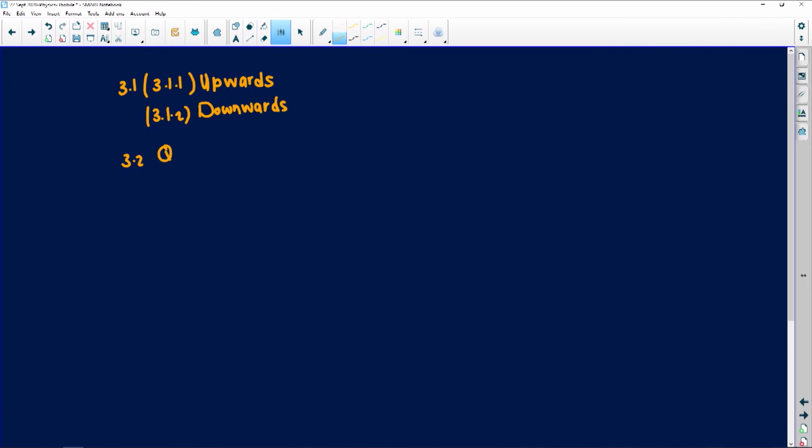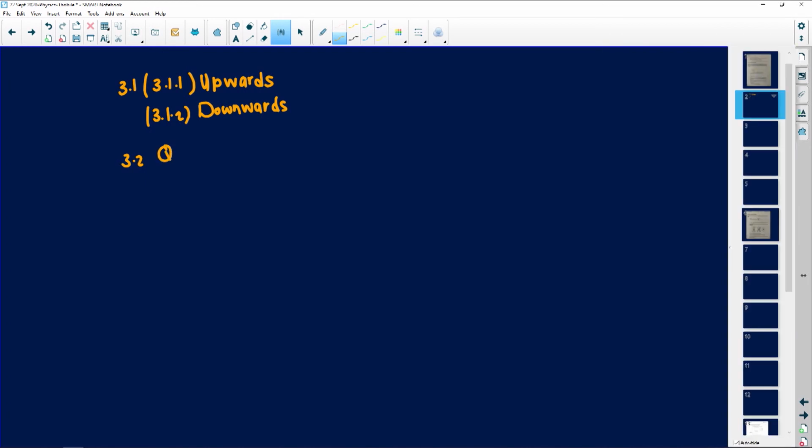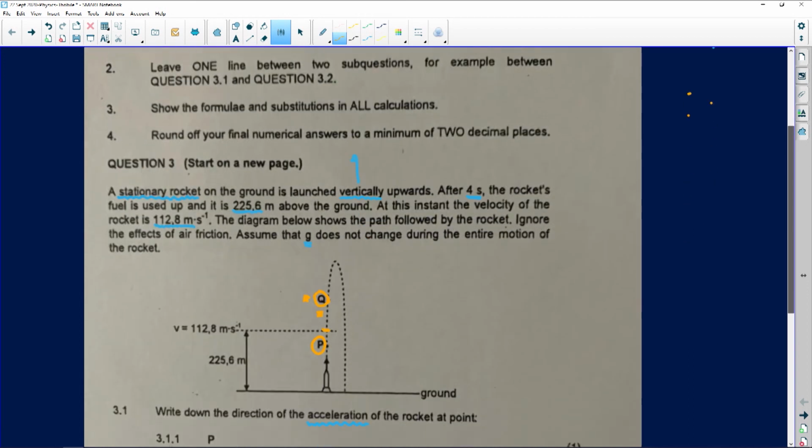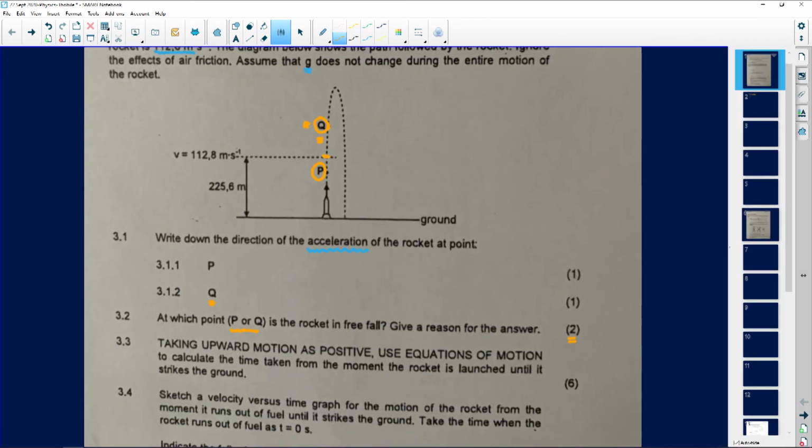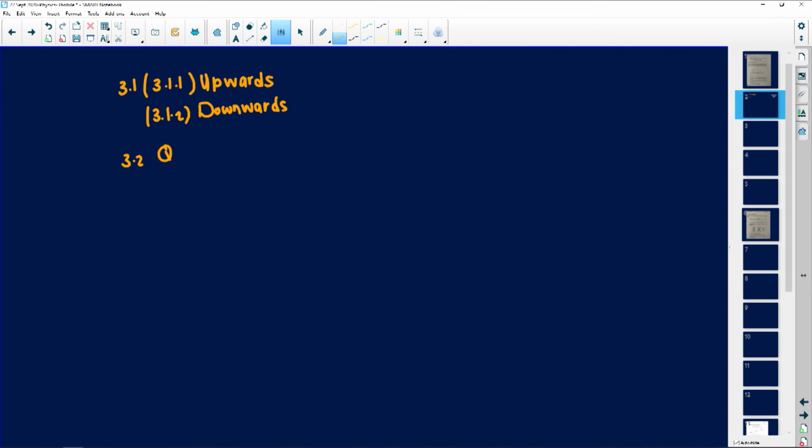Now, did they say we must give a reason? Let me just read here quickly. And remember, if they say you must give a reason, it says give a reason for your answer for 2 marks. You must give a scientific reason. Don't just say because it's moving upwards.